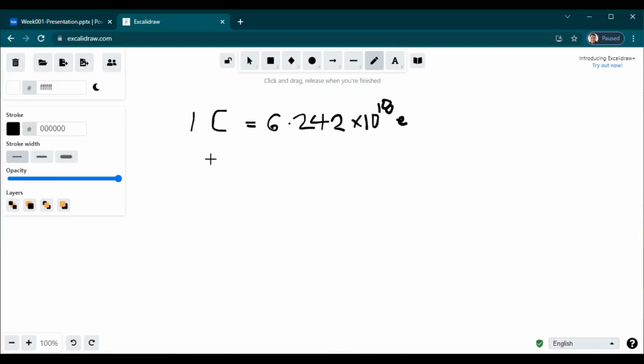So for the charge of 1 electron, we will transpose.